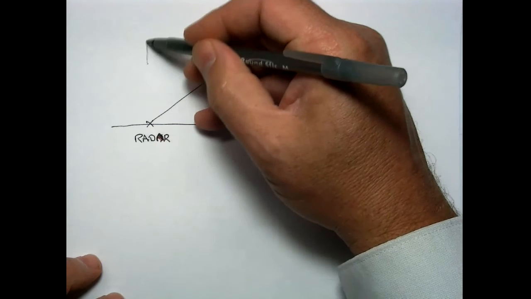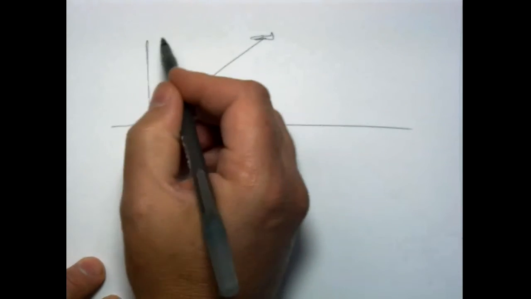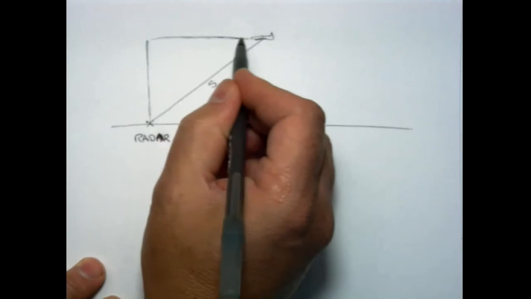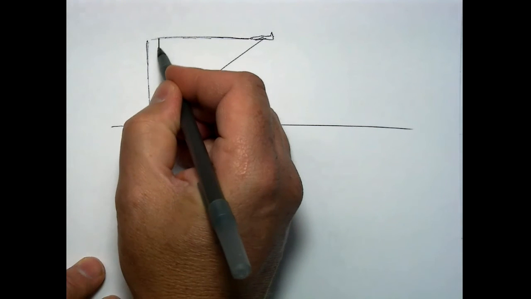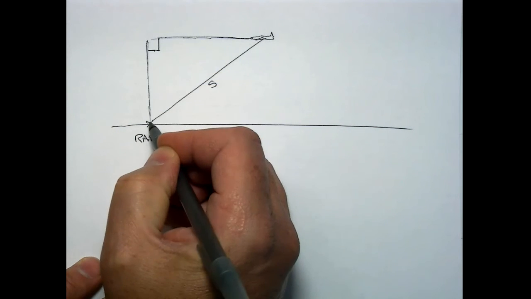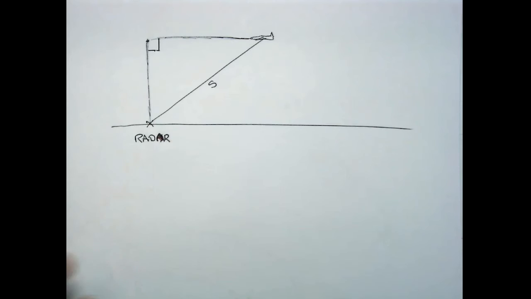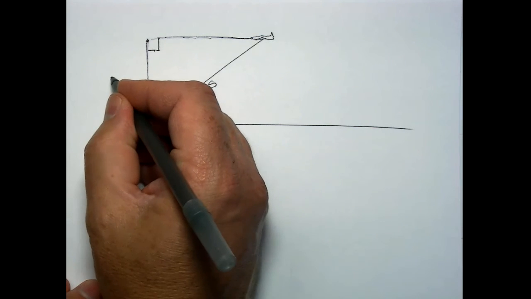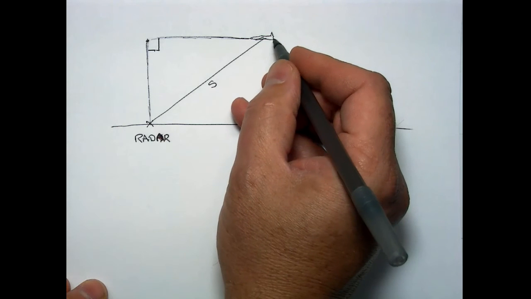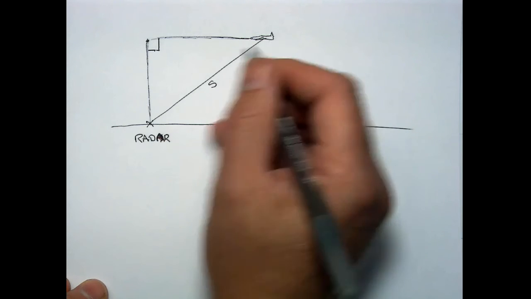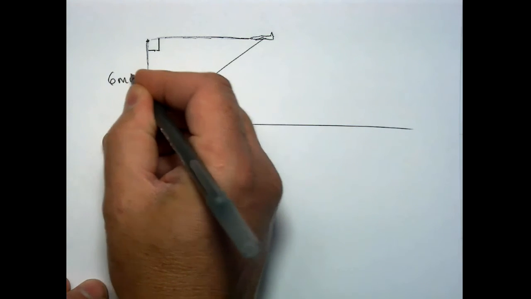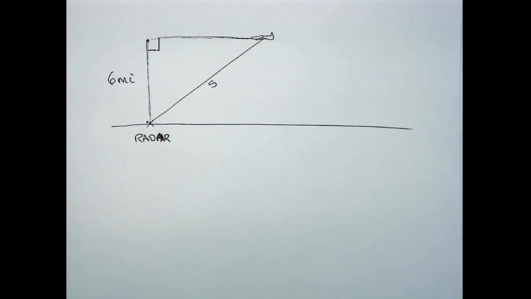If I drew a triangle right here, it would be a right triangle. And we would probably know what this leg is over here because that would be the altitude of the airplane. And let's say the airplane was at 30,000 feet, approximately, which would be 6 miles high in the sky.